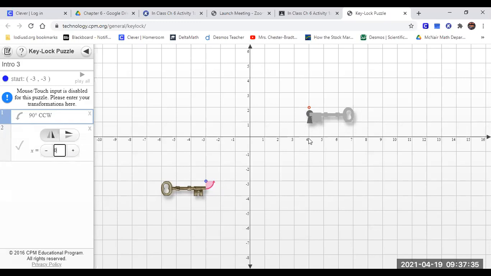So if this X is at 4 and that X is at -3, how far is it all the way? 7. And if the line we have to flip it over is halfway, what are we going to put in here?